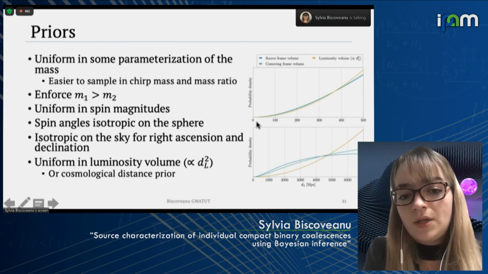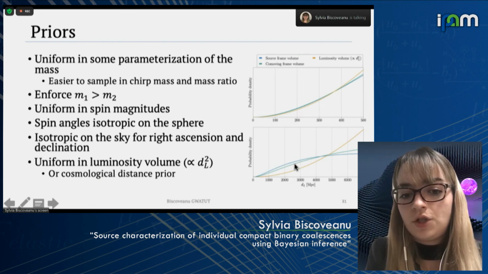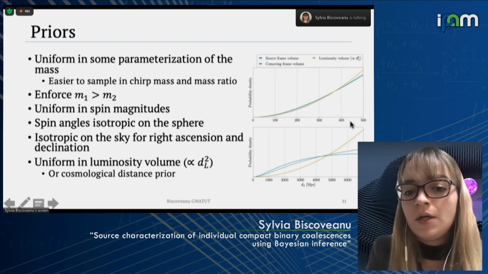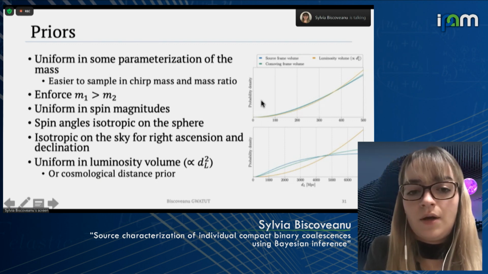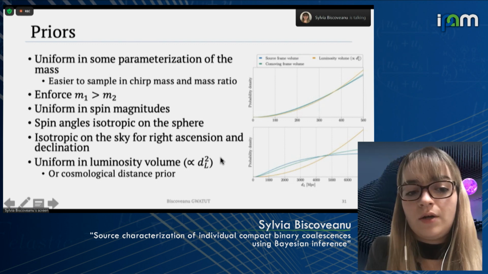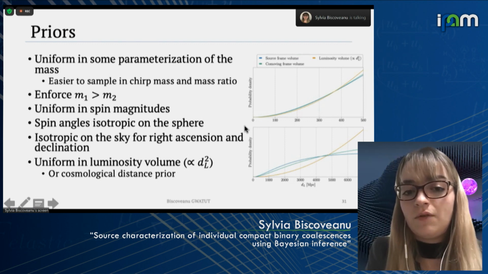So for nearby sources, here you can see the shape of the prior probability distribution as a function of distance in megaparsecs. So for small distances, up to 500 or so megaparsecs, the choice of distance prior doesn't matter that much because the cosmological effects are small.